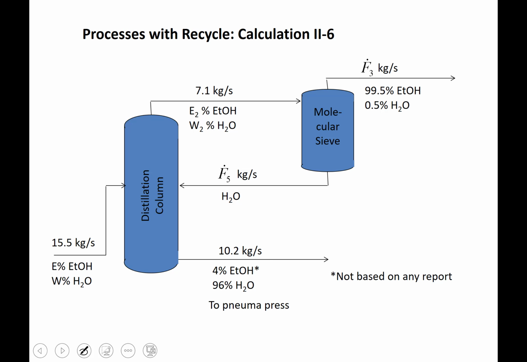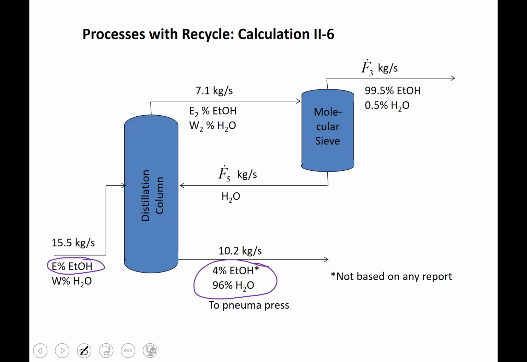We have here ethanol and water, and we want to dry out the ethanol. So the goal is we have some unknown amount of ethanol being fed, and we know a little bit about the various streams. We know what's coming out of the distillation column is 4% ethanol and 96% water.